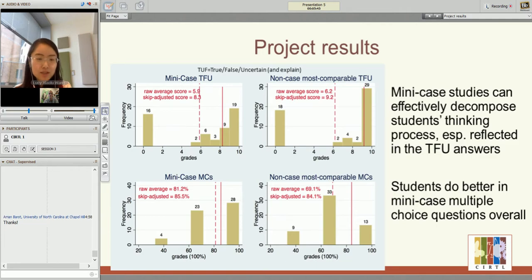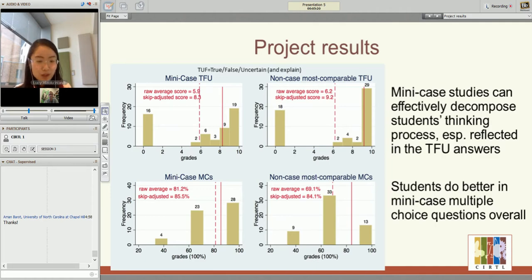To some degree, this is because students are excited about this question, but answering it and articulating the point clearly requires a lot of practice. It's interesting, from my perspective, that we can decompose students' thinking process by analyzing their answers on these more flexible questions without too much guidance.